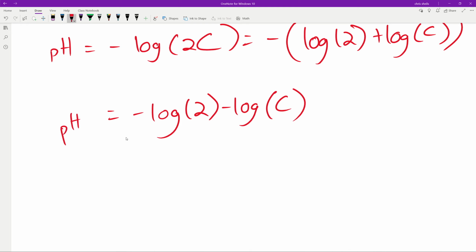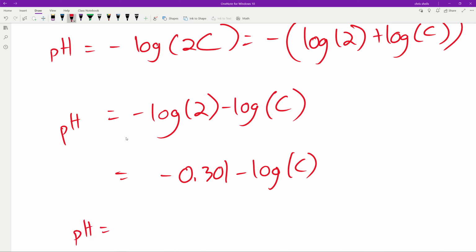So this pH is about negative 0.301 minus log of C. Negative log of C was the original pH, P. So this new pH is my original pH minus 0.301. So when the concentration of hydrogen ions is doubled, the pH decreases by 0.301.